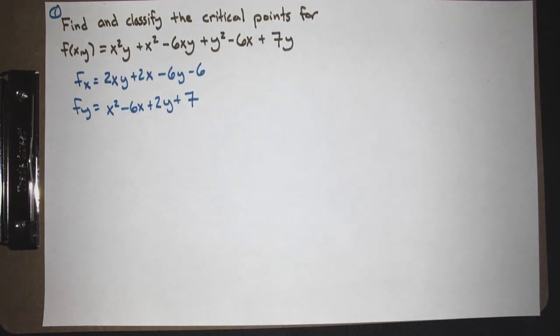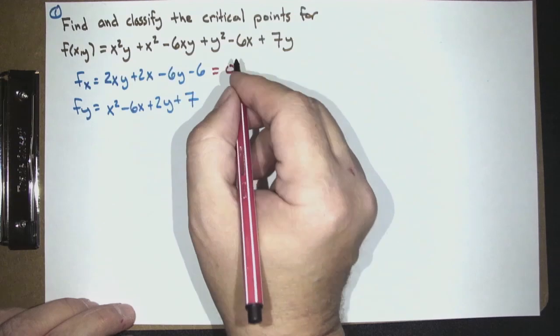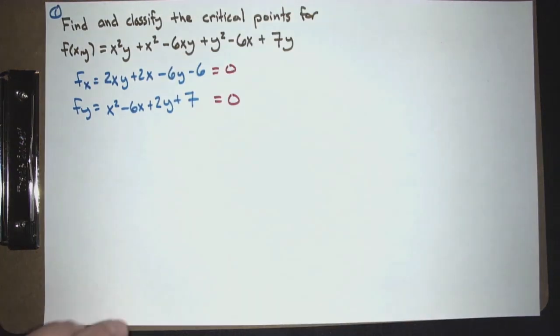We now have two equations, because we set both of them equal to 0, and two unknowns. How do you solve?